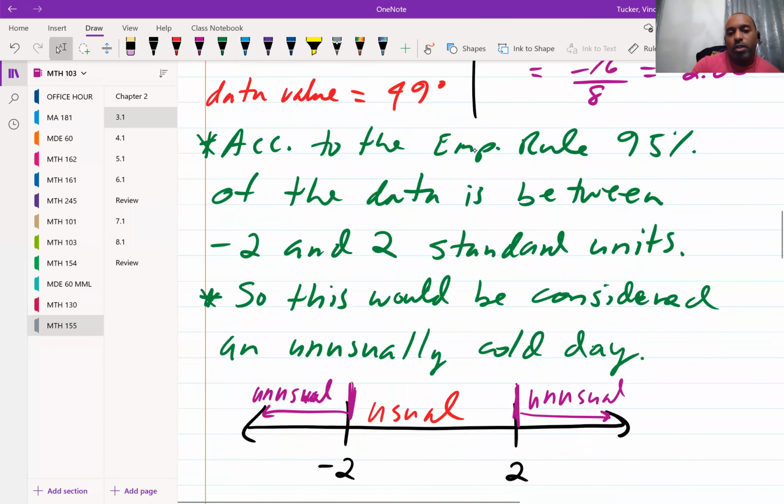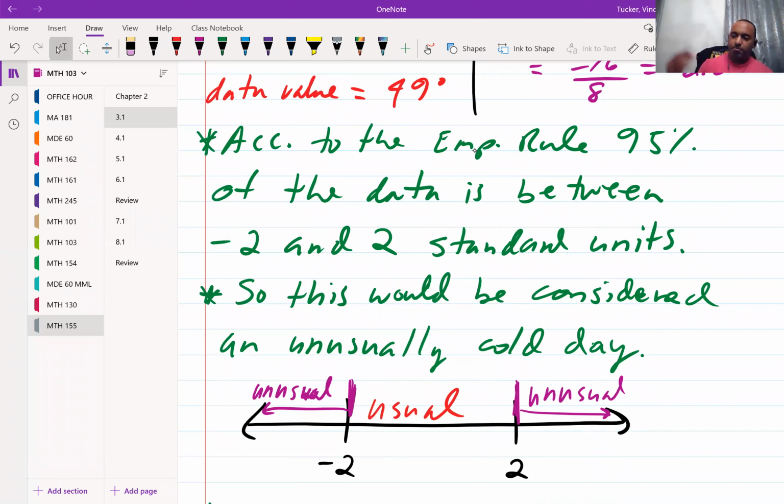All right. So if I just had a regular line graph to show what's unusual versus what's usual or ordinary, -2 and +2 on out. So you're talking about less than -2 and +2 and greater are considered unusual.